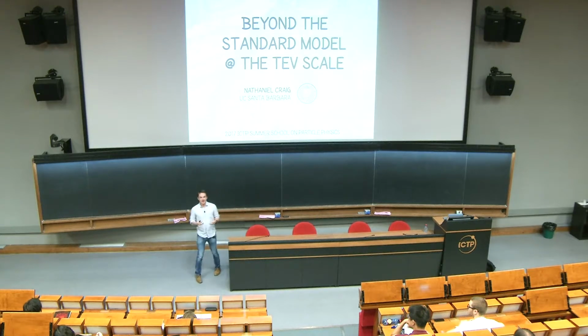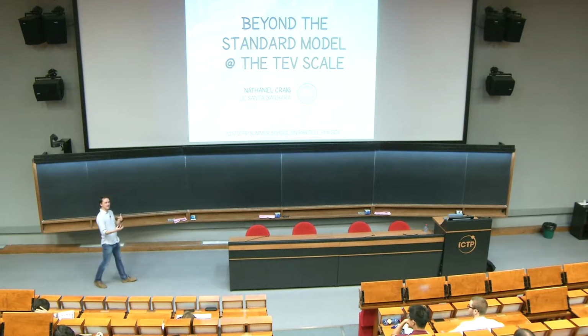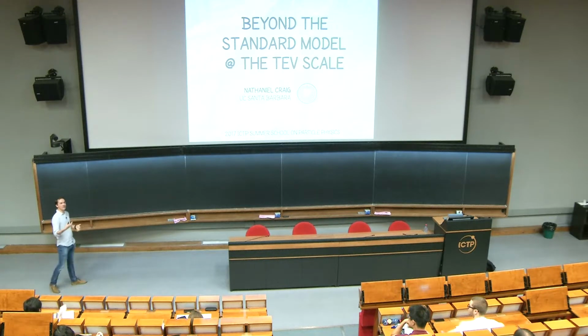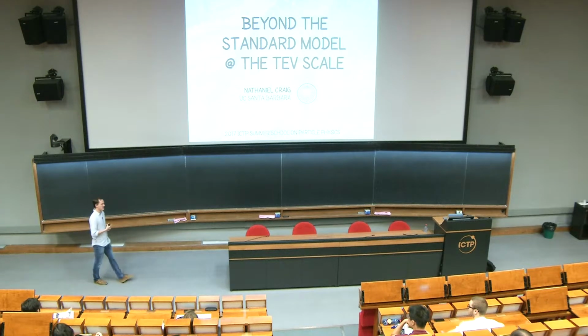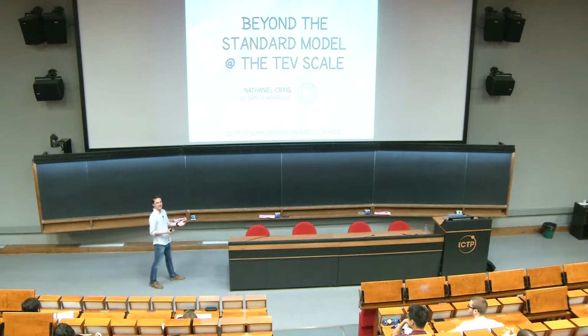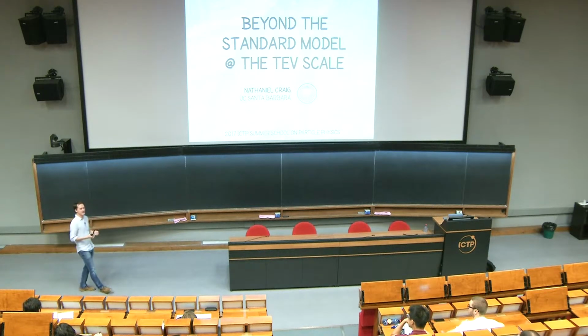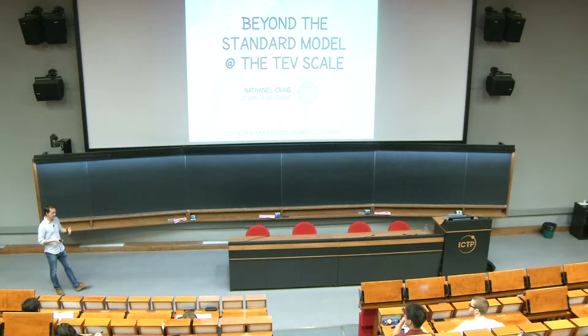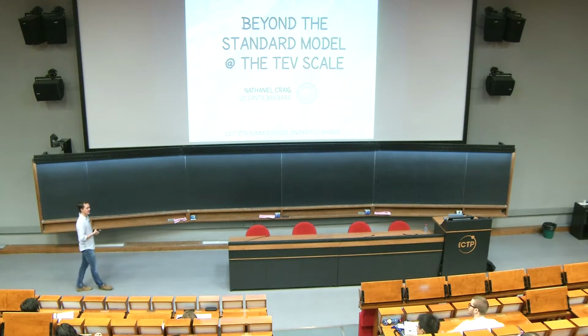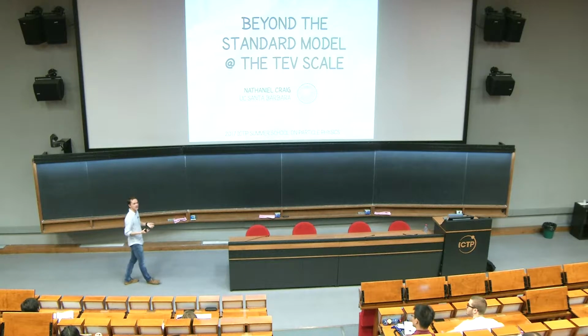So then we sort of talked about the sort of irreducible sets of predictions that came from those ideas, right? Both types of theories predict new partner particles. Those partner particles carry standard model charges, so they're charged under the standard model forces. And then we go look for them. And the details of how we look for them at the LHC depend on the model. But the fact of the matter is we haven't seen anything. And the bounds that we have now at the LHC are pushing past the TeV scale for both classes of scenarios.